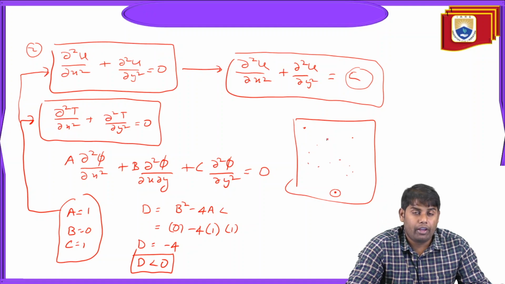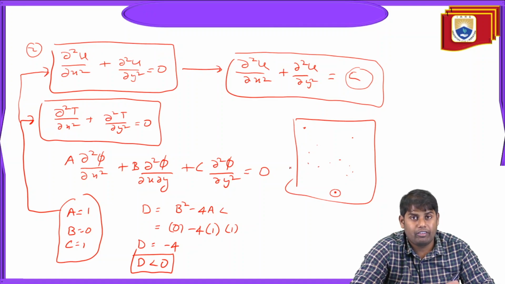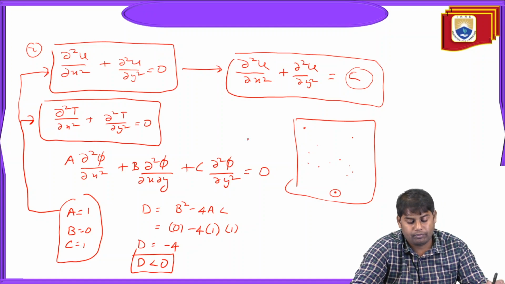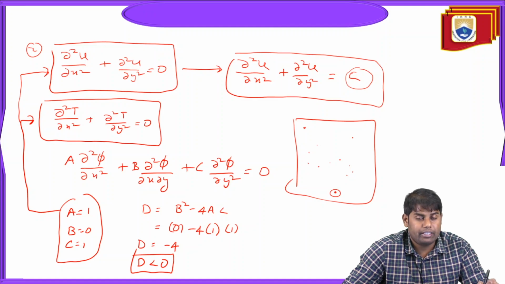So the range of influence will be everywhere. The domain of dependence will be everywhere, and the range of influence will be everywhere for elliptic equations. This is what we have for the elliptic equation, the Laplace equation.